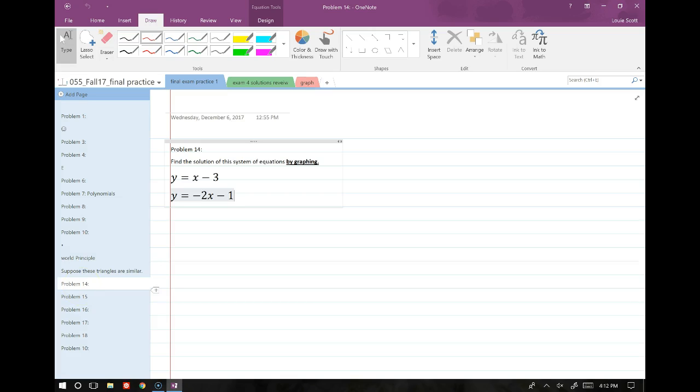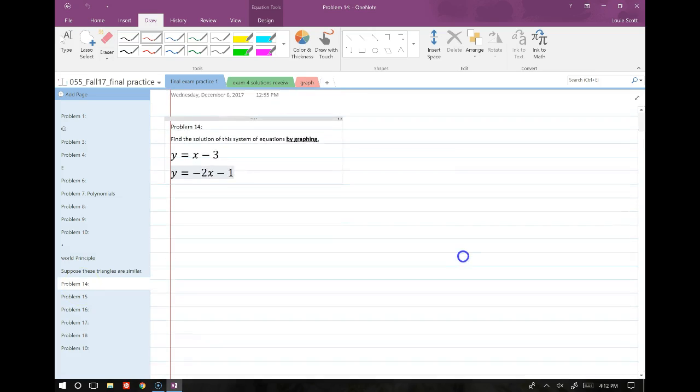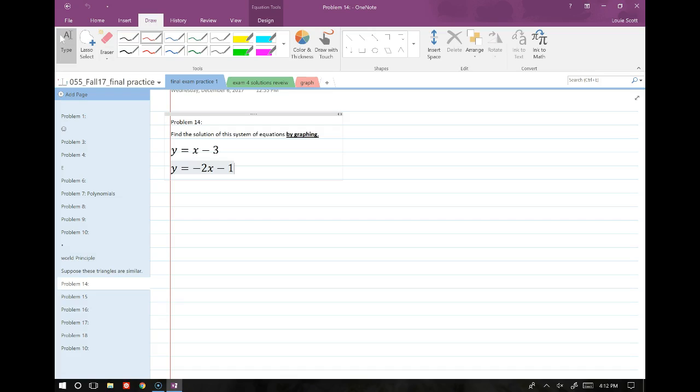Problem 14. Find the solution of this system by graphing.